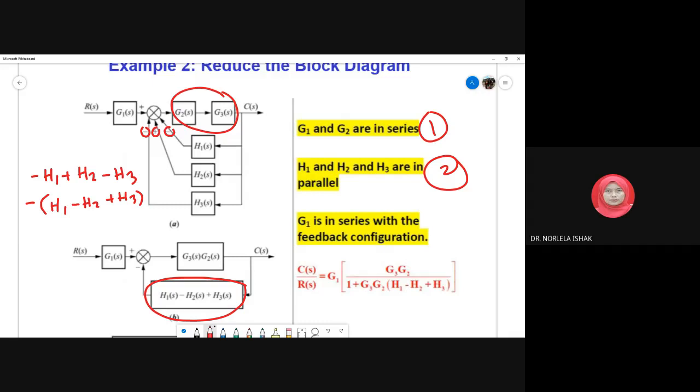Yes, ma'am. So from there I get this one. This minus I bring here, and inside this bracket I put here. Can you still follow? Okay, very good. Now we complete step 1, step 2 and step 3.